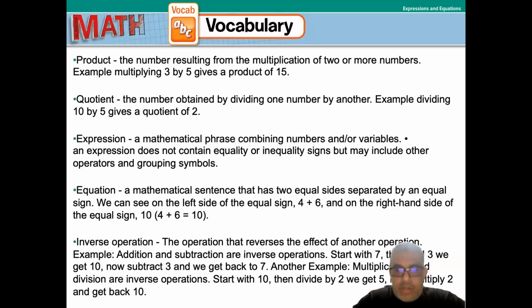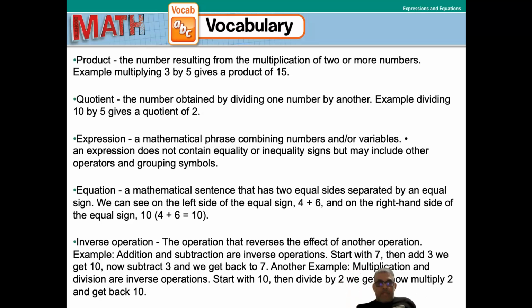Inverse operation, you also studied this when you were learning how to do adding and subtraction with Miss Romero. So what does that look like? It looks like the following. Give me a second. The operation that reverses the effect of another operation.